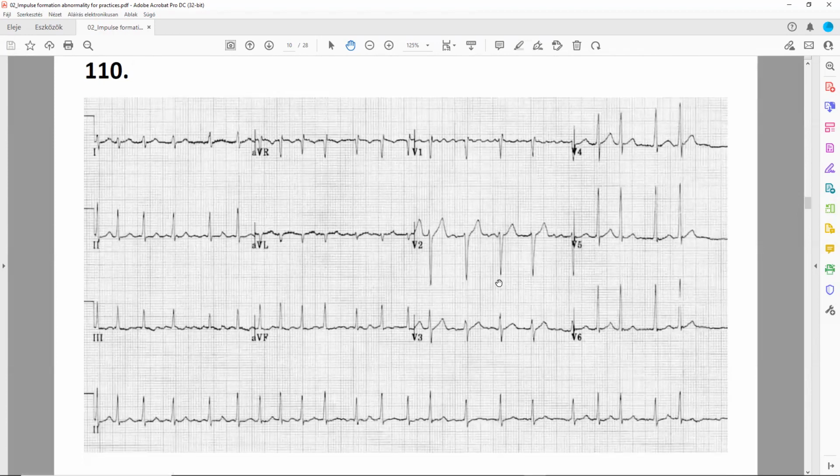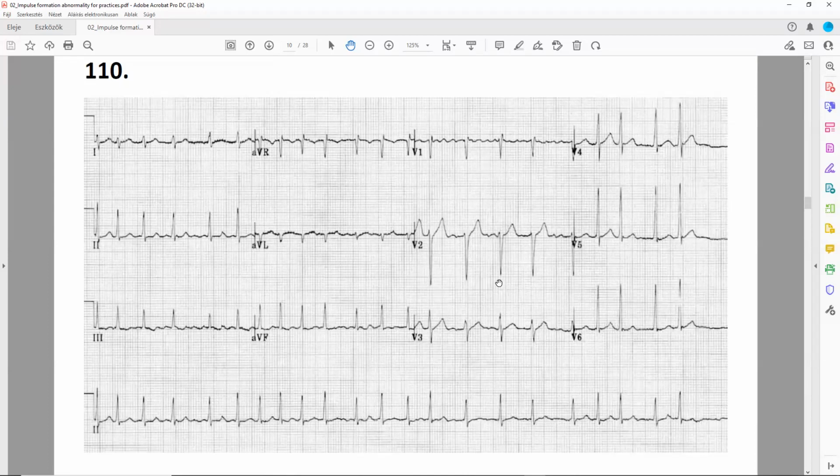This is why the diagnosis should be atrial fibrillation. Exactly. That's supported by the arrhythmia plus the very high rate of the atrium. Okay, so this is the answer.